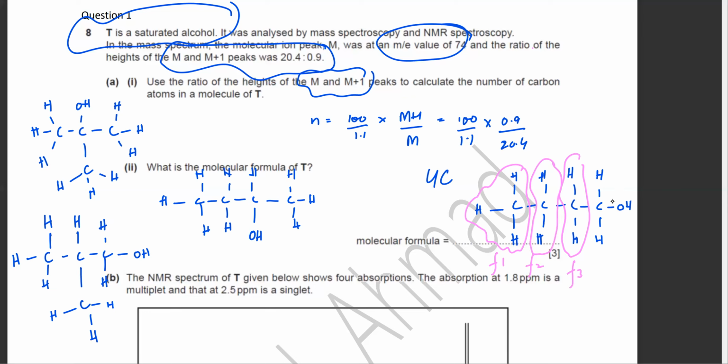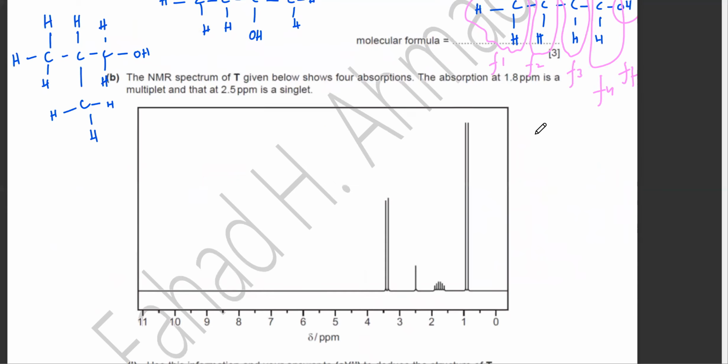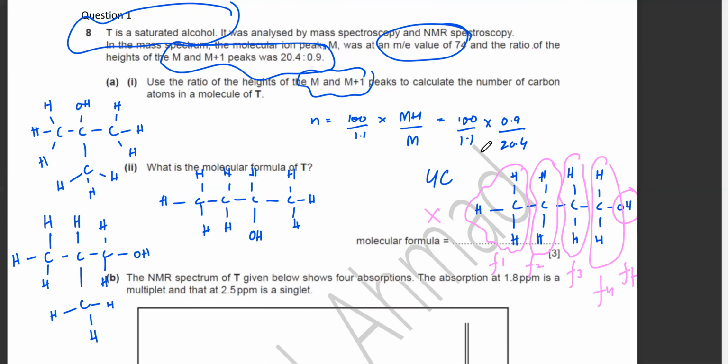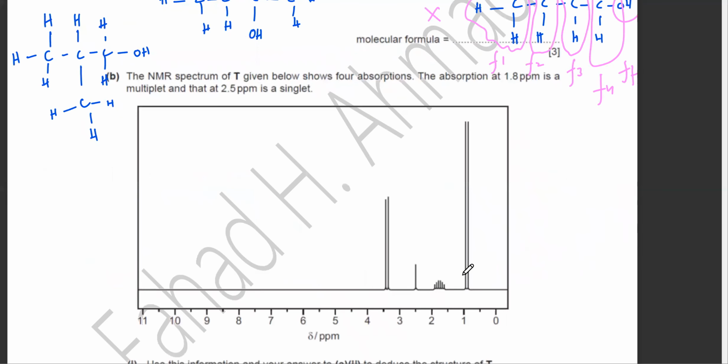And this final CH2 is different from all the others. So that's F4. And then you've got an OH at the end, that's F5. So is this clear? There are 5 frequencies. So this is wrong, because the NMR spectrum that he had given us only had 4.